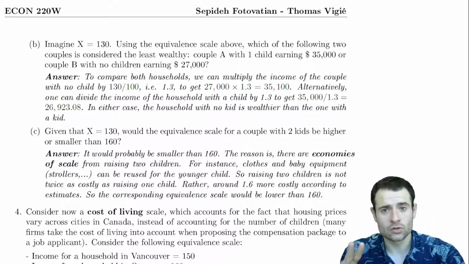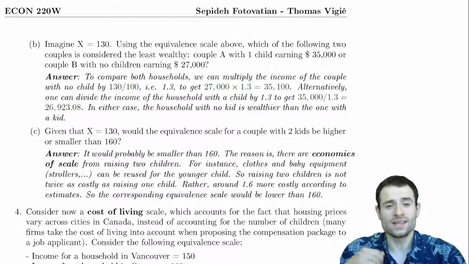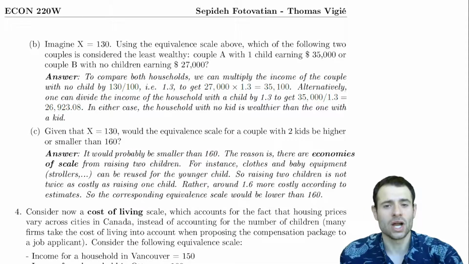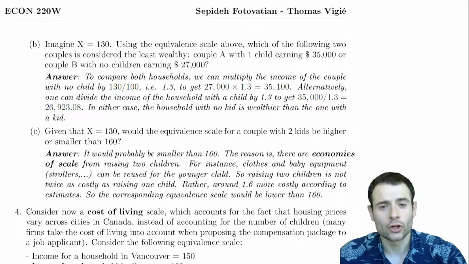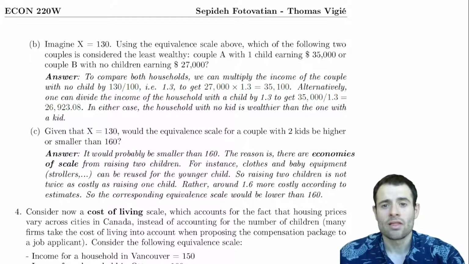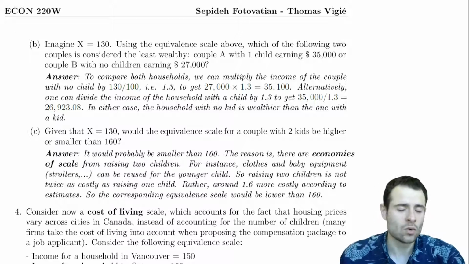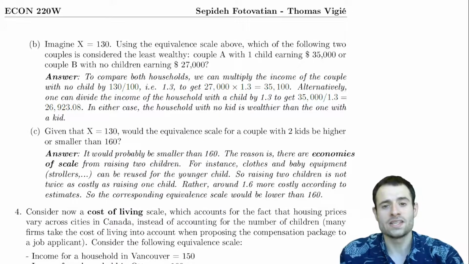So raising 2 children is not twice as costly as raising 1 child. If the equivalent scale was equal to 160, that would mean that raising 2 children is equal to 2 times raising 1 child.